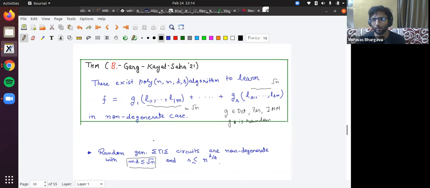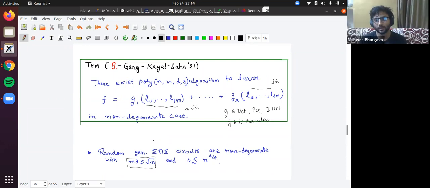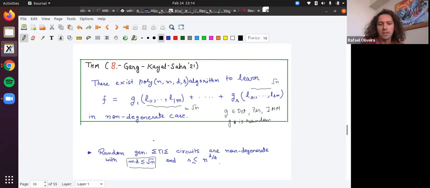This was important in showing the direct sum condition. But in the theorem in the green box, you say polynomial, as if all of these parameters are independent. Are they really independent? No. The algorithm in the box works if this is a non-degenerate circuit. I see. And it is non-degenerate if these conditions are met.